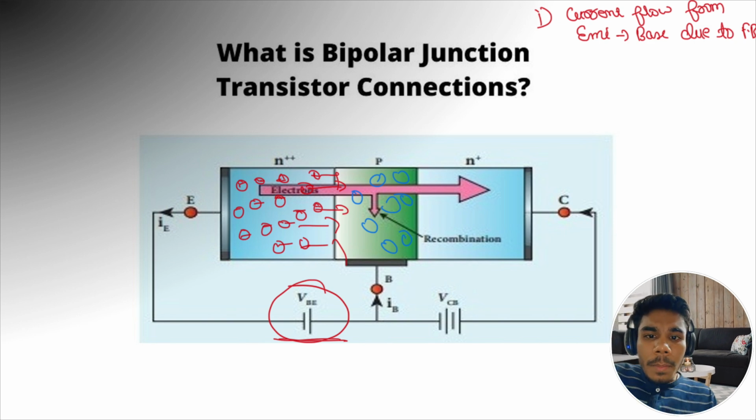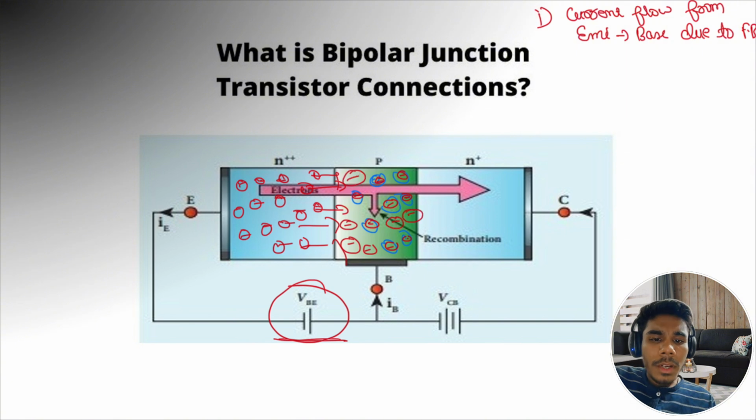Many electrons will get recombined with these holes, but some electrons are left. The recombined valence electrons will start moving through the base region to the metallic lead. Here they are valence electrons, but due to the metallic lead, they convert into free electrons, and then the electrons will start moving towards the emitter.